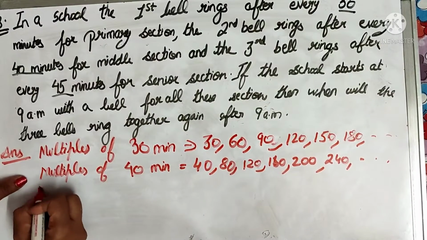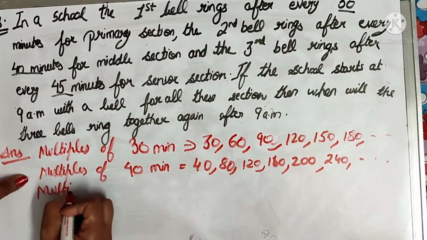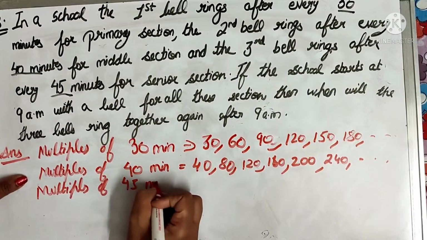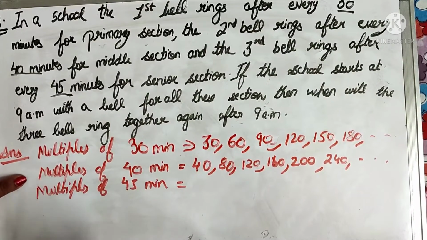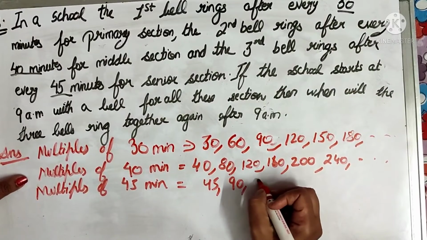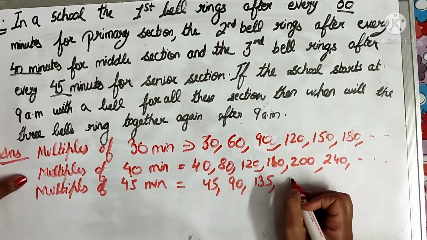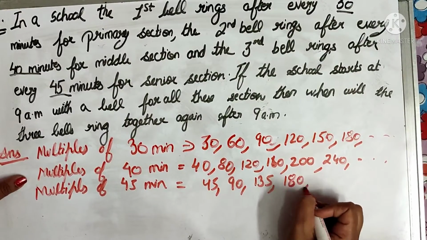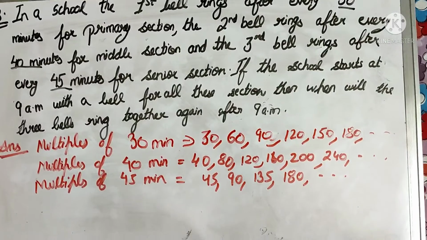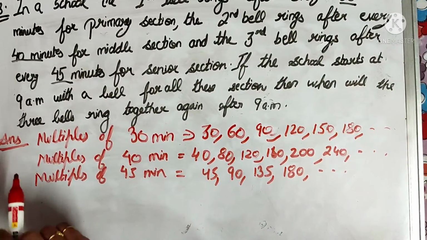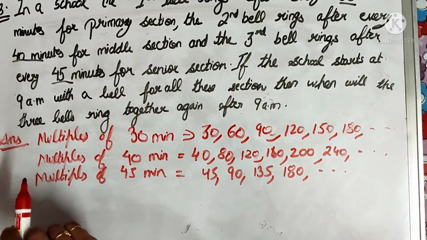Multiples of 45 minutes: 45 ones are 45, 45 twos are 90, 45 threes are 135, 45 fours are 180 and so on. So we have to find a common multiple of 30, 40 and 45, and it should be the least common multiple.